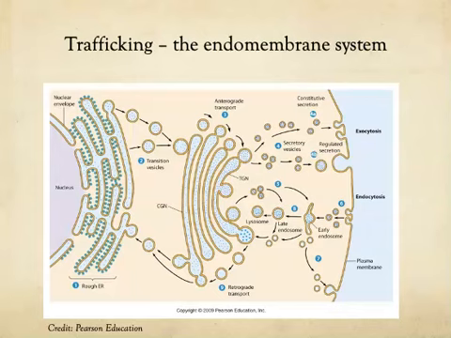The endomembrane system includes the nuclear envelope, the rough endoplasmic reticulum, transport vesicles, the Golgi apparatus, lysosomes, and the plasma membrane. All of this membrane is involved in the movement or the trafficking of particularly protein throughout the cell.